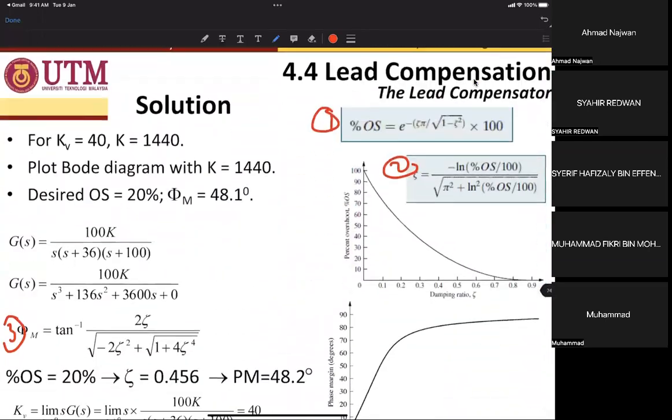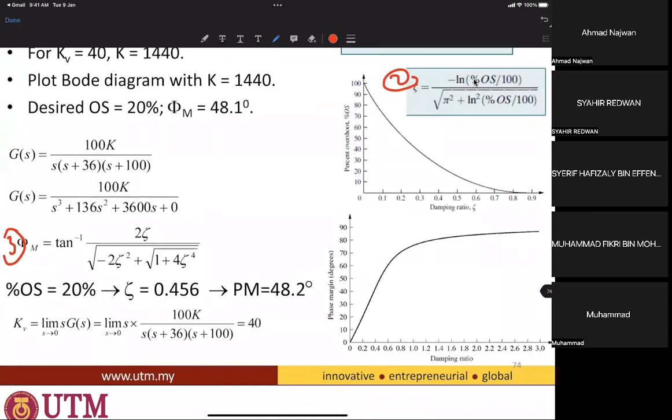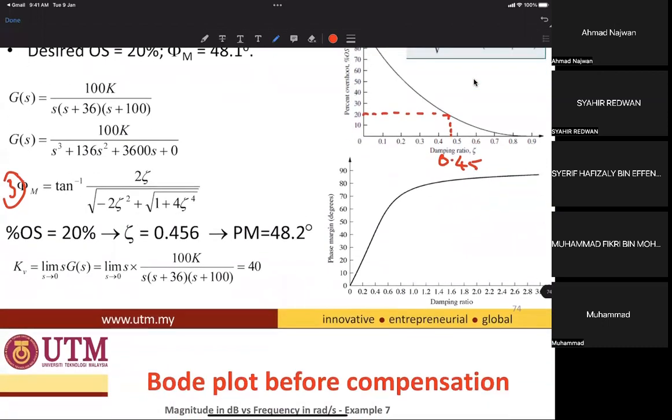20% overshoot gives around 0.45 damping ratio, and around 48 degrees phase margin.